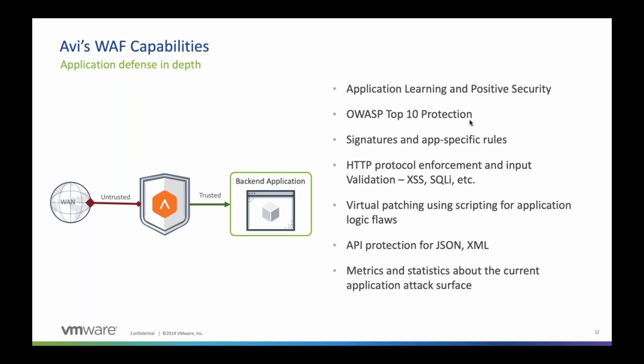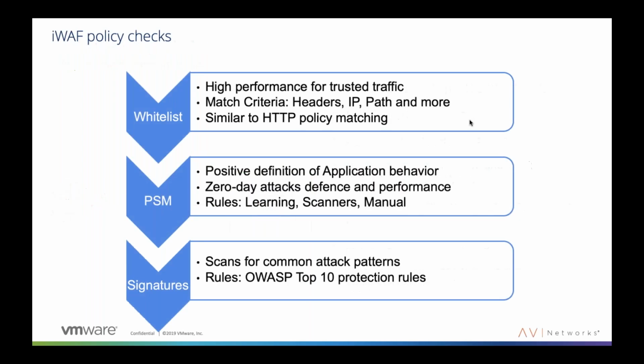So now we have a broad overview of what the capabilities are. Let's dig a little bit deeper, get a little bit more technical and see how it actually executes the policy. And here, from a mental picture, you have to think that an application firewall has many use cases that it needs to cater to, and these use cases are in different parts of the policy, and I'll walk you through them.